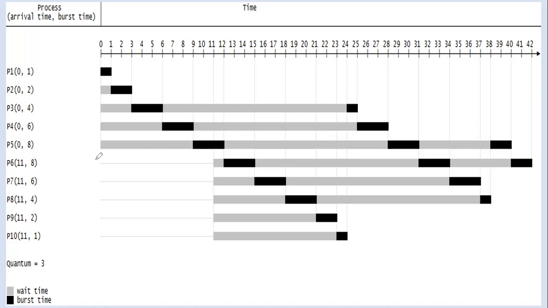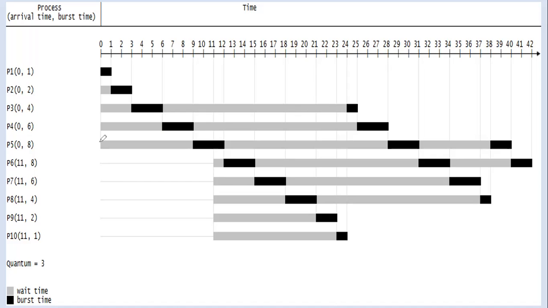But as it has been taken back to the queue, it will find that process P4 also arrived at time 0. So once process P3 has completed its burst of 3, remainder 1, then process P4 will be attended to. P4 has a burst of 6, so it will be allocated 3 first, then it will be left with a remainder of 3.